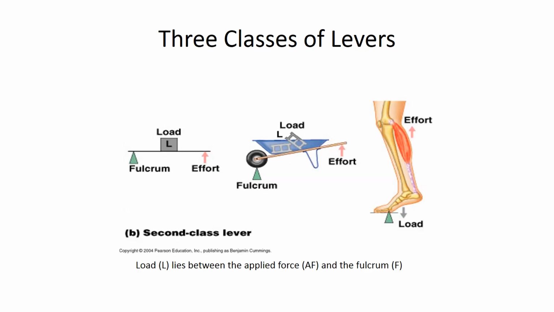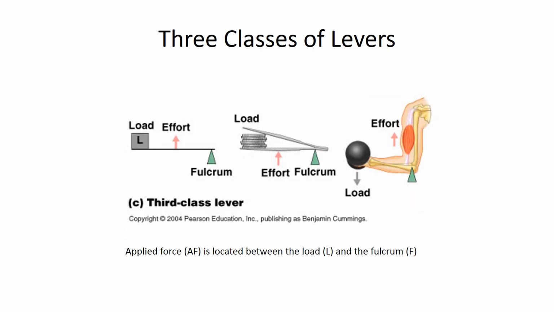A second-class lever, the load lies between the applied force and the fulcrum. An example would be a wheelbarrow or the gastrocnemius muscle. And a third-class lever, the most common of levers in the body, the applied force is located between the load and the fulcrum. An example would be tweezers or the biceps brachii.